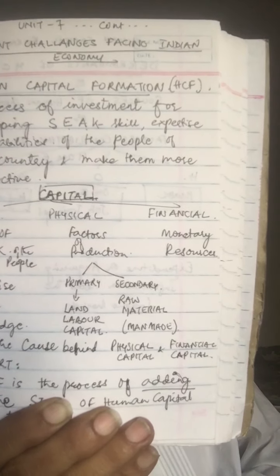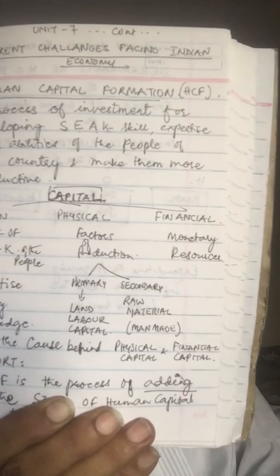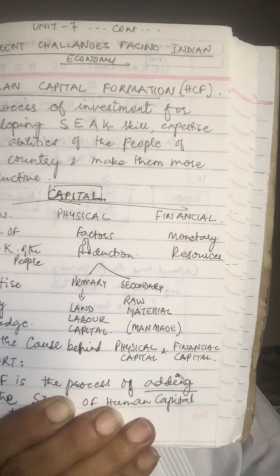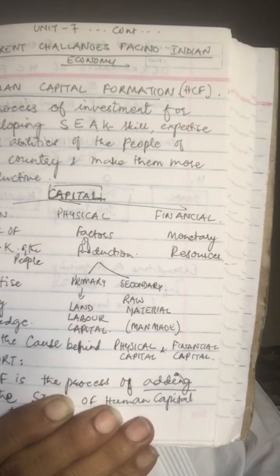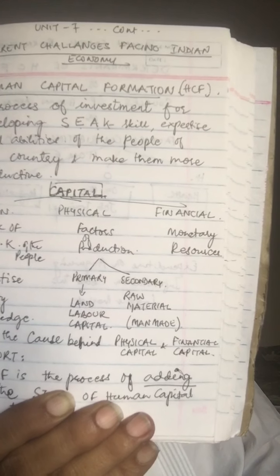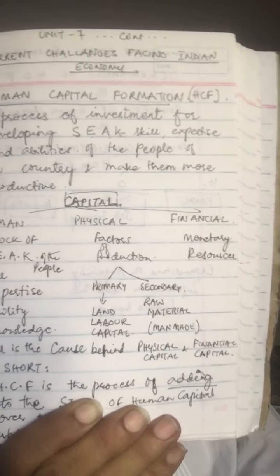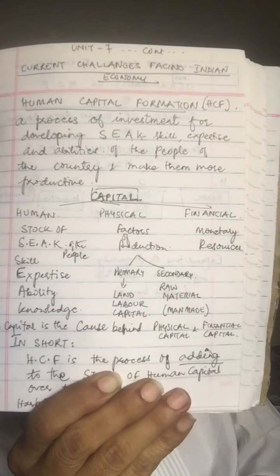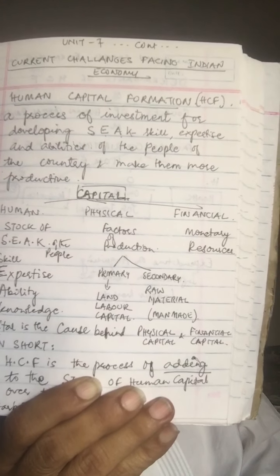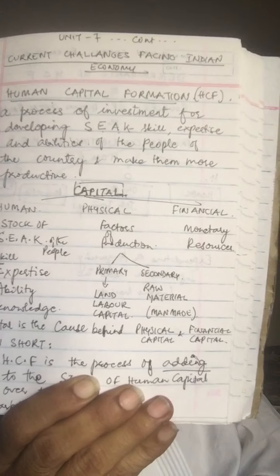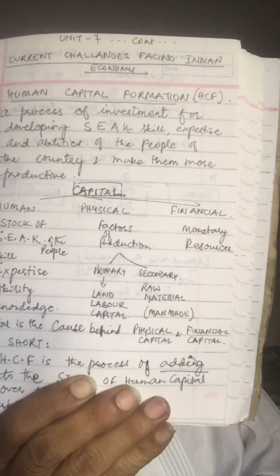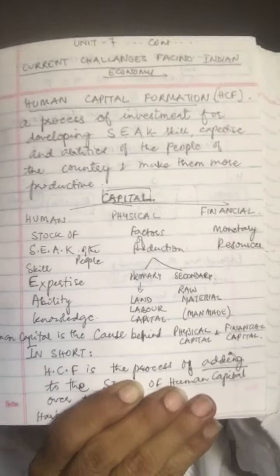So physical capital is tangible, and human capital is the services of the human beings. It's the services that the human beings give. That's why we can call it intangible. So, with that, we come to the close of it, and we are going to do what are the sources of human capital formation.